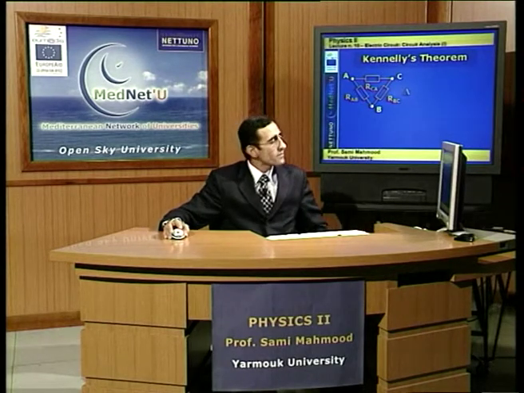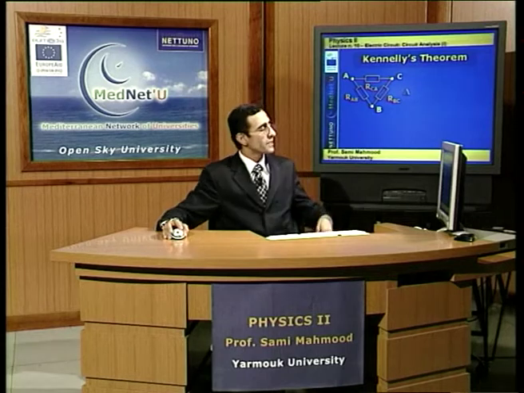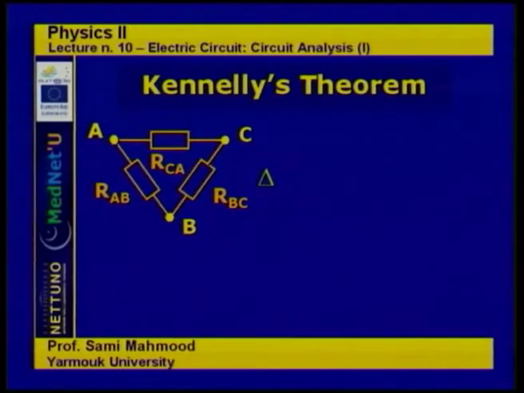Kennelly's theorem can be applied to the determination of equivalent resistors. For example, suppose that we have 3 resistors in the form of a triangle, or we call it the delta configuration.